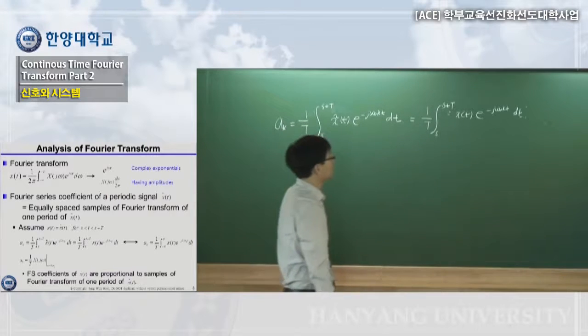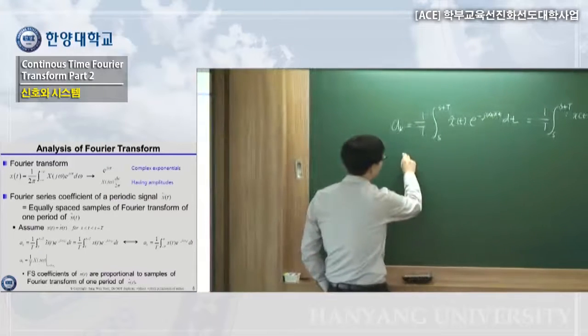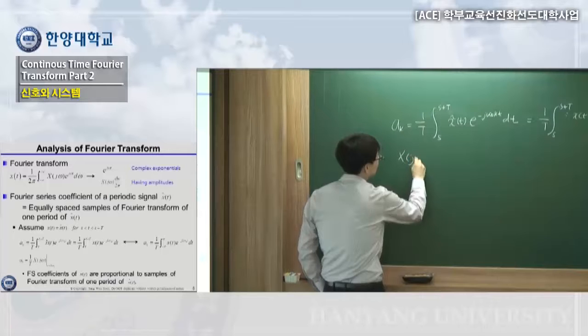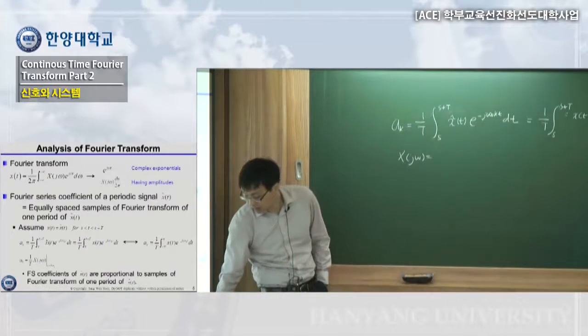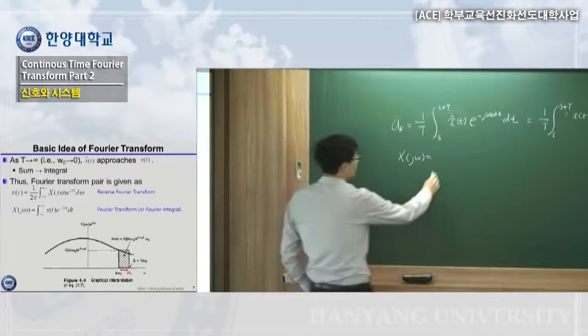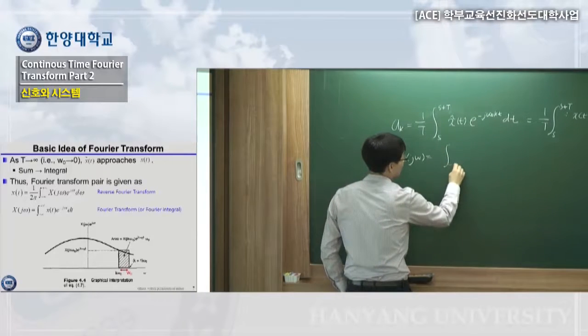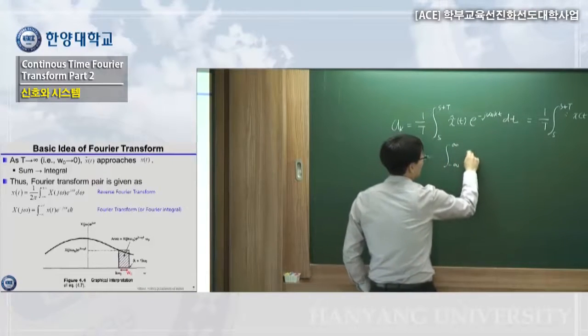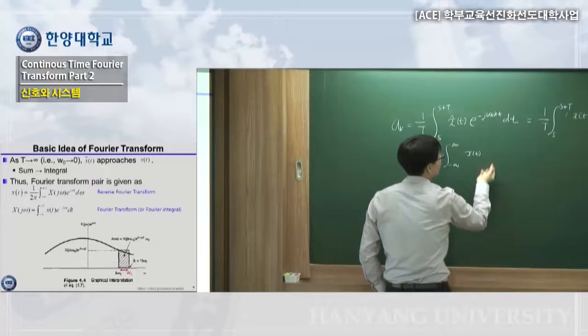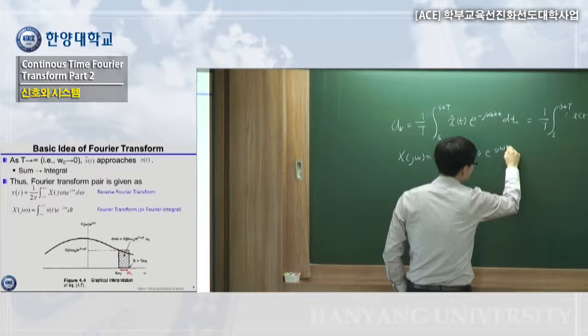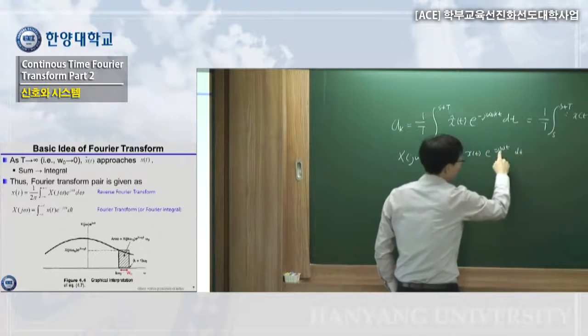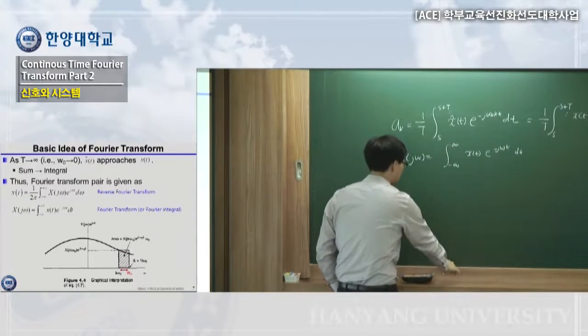And remember how our Fourier transform looks: integral from minus infinity of x(t) e^(-j omega t) dt. Keep in mind it is omega, not omega_0 k.